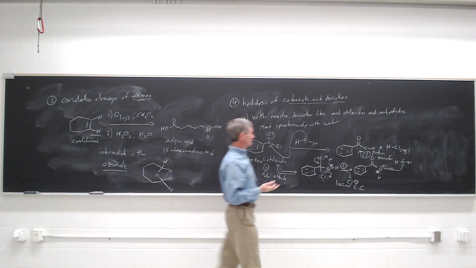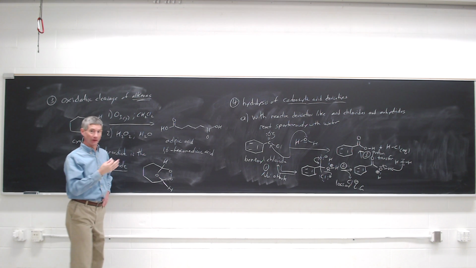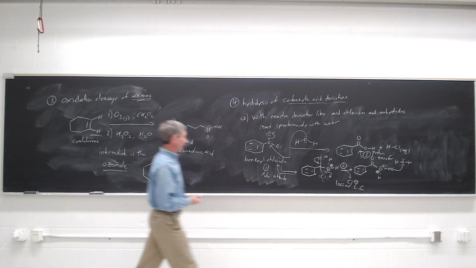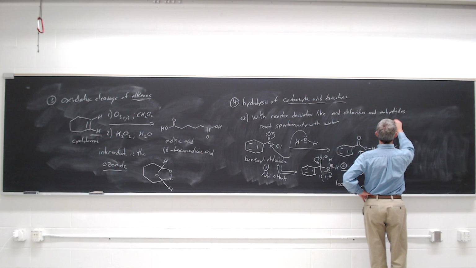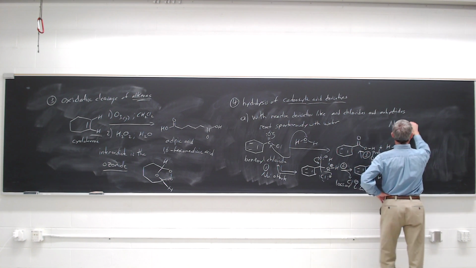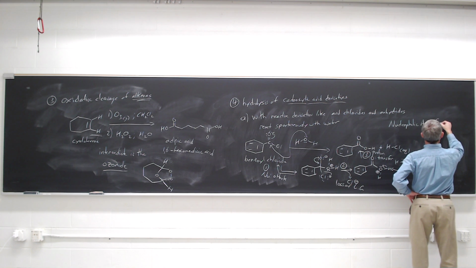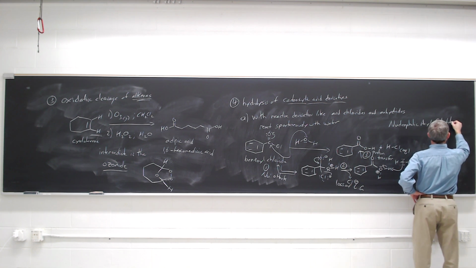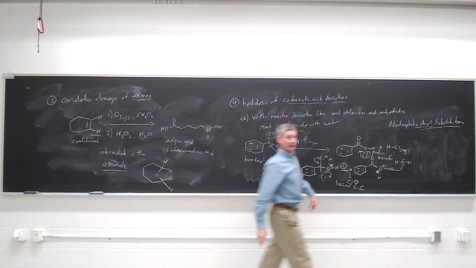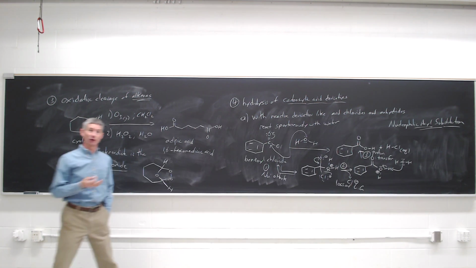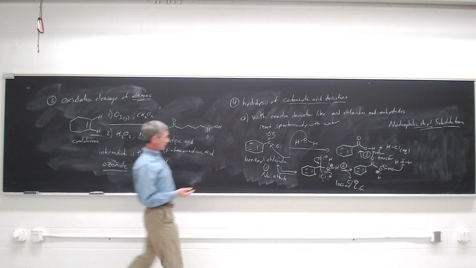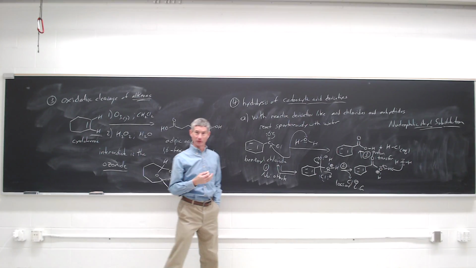And this is quite a general mechanism. This is the standard mechanism for nucleophilic acyl substitution. When the substitution reaction is happening at a carbon-oxygen double bond, the nucleophile is not displacing directly.